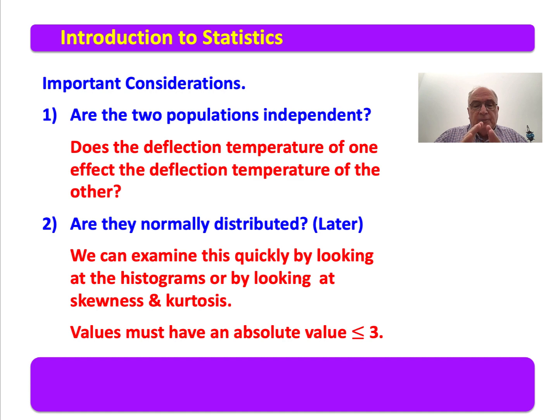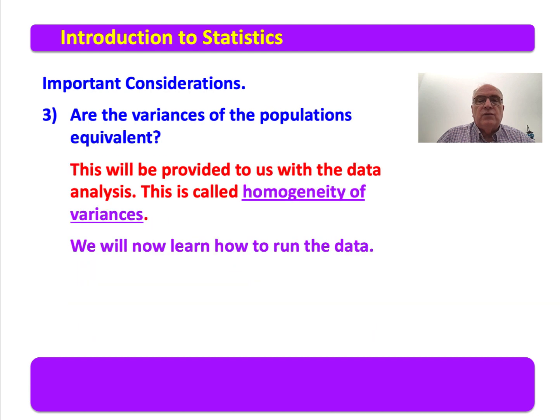It's not too sharp and it's not too flat. These values, skewness and kurtosis, when we run them, we must have an absolute value less than 3. That means, to be approximately normally distributed, they need to fall between -3 and 3, and I will show you how to do that with a table.